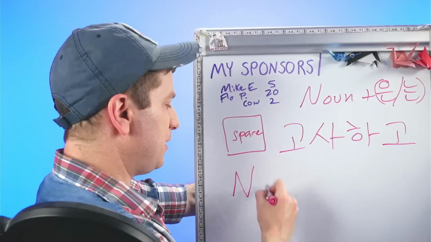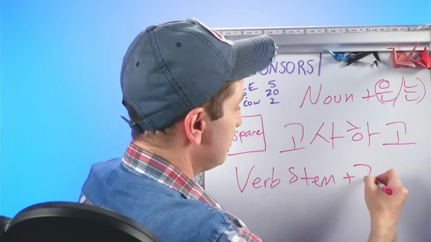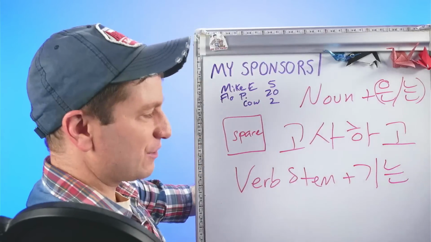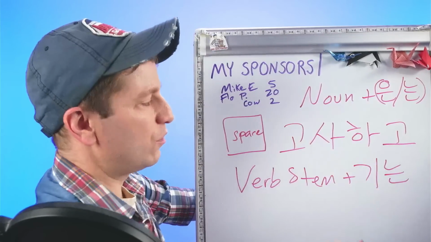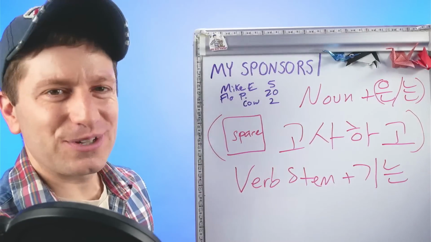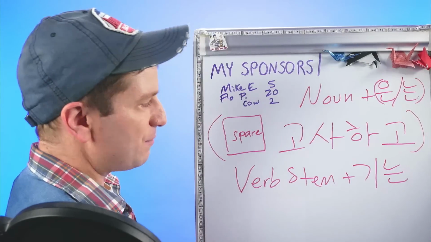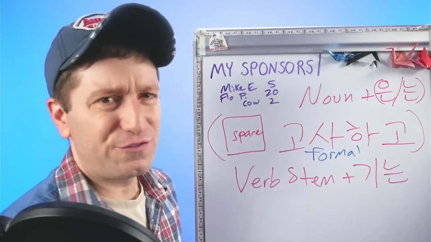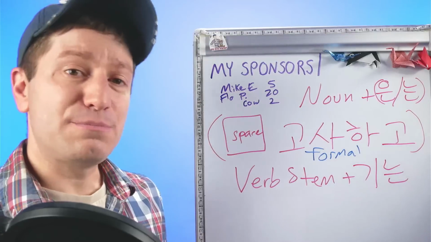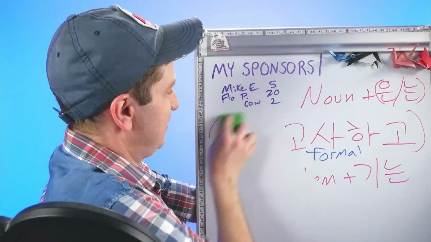Or if you have a verb, you change the verb into a noun by attaching 기 to the verb stem, 는, after that, and then 고사하고 with a space. So the difference is that there's a space, but everything else works the exact same way. The only difference is this form is more formal. It sounds more fancy. As such, it is much less common, but you might see it.